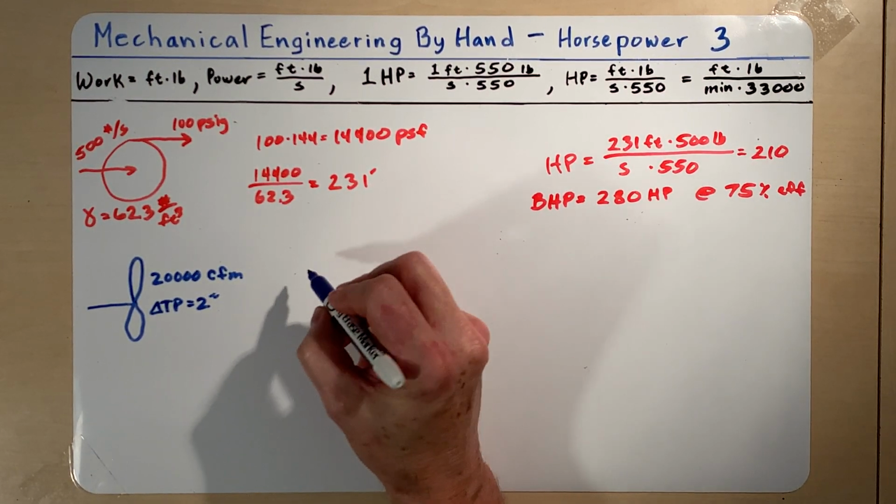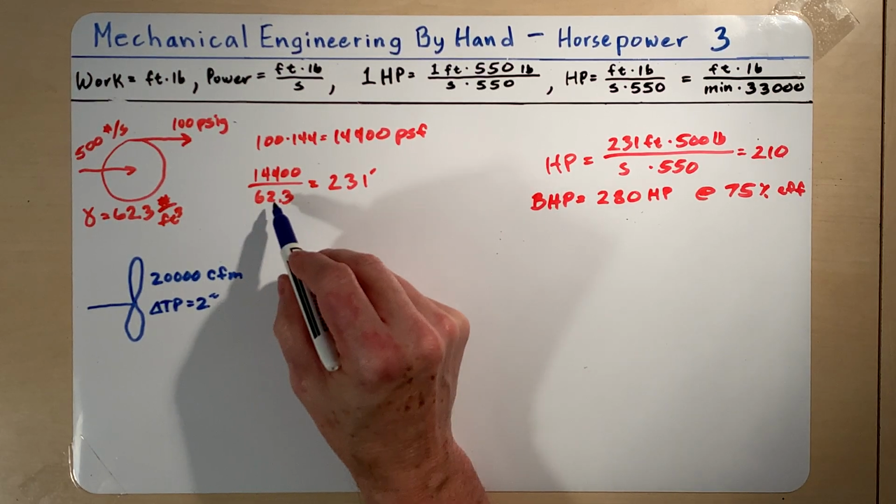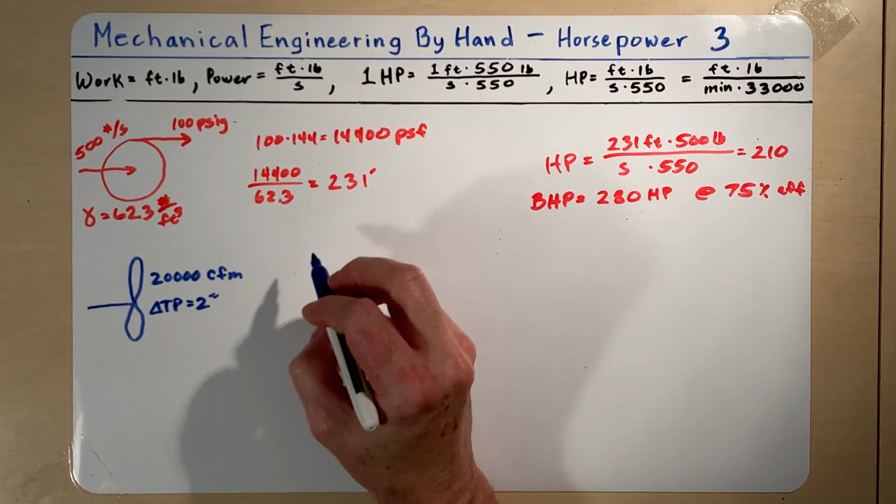So as you know, 1 cubic foot of water weighs 62.3 pounds.